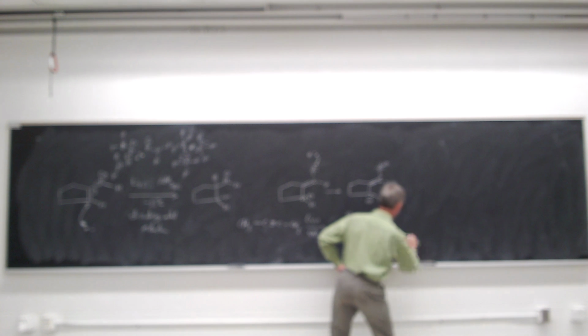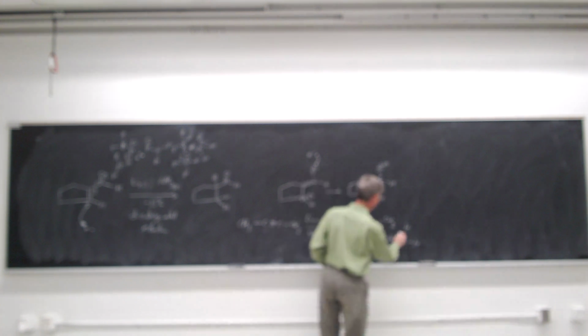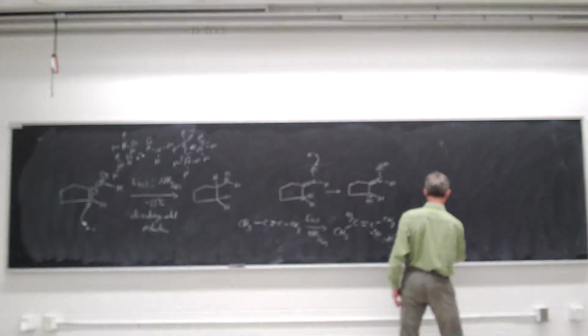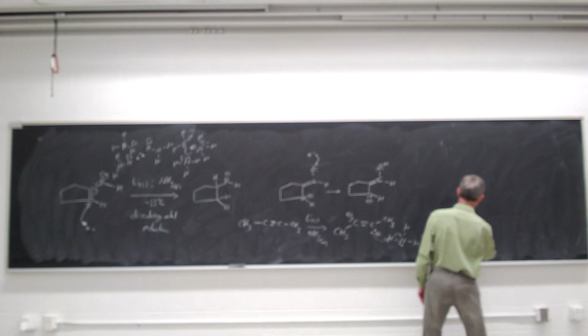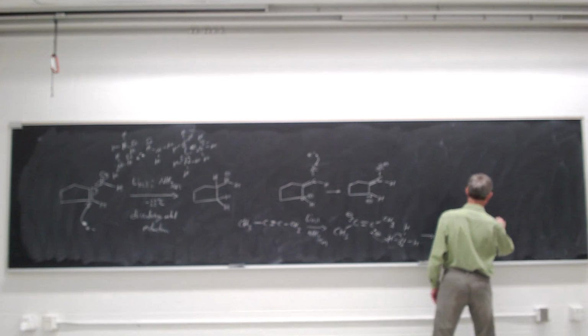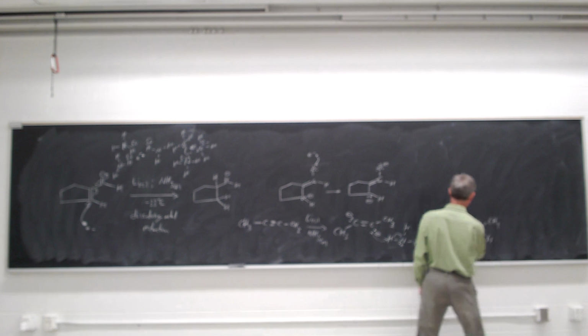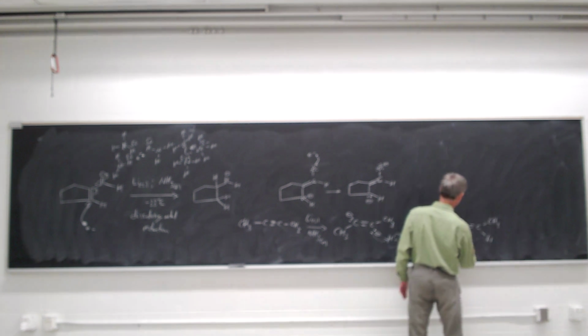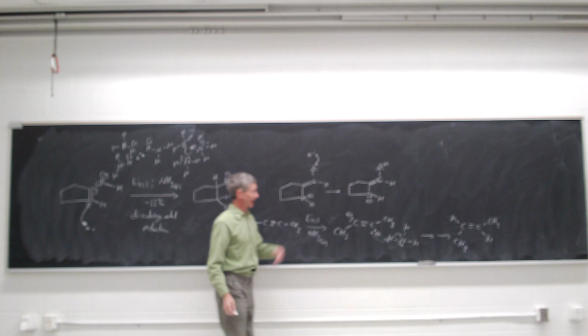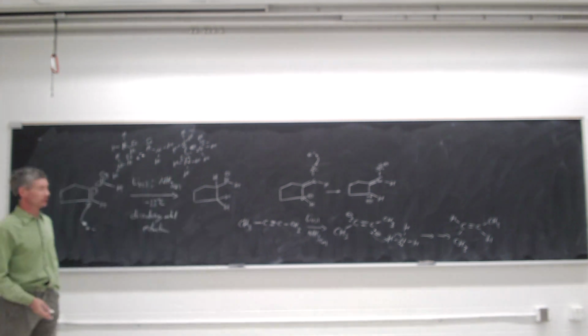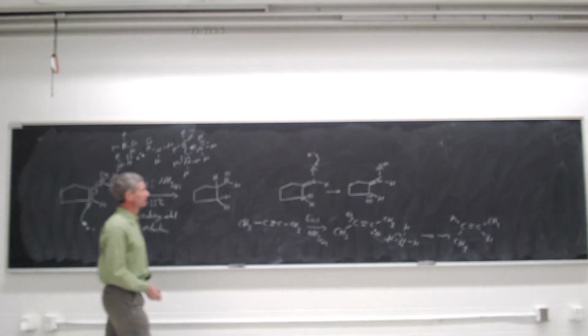And remember that in this reaction, because this is a much stronger base than the hydroxide ion, the dianion and the resulting monoanion generate the trans alkene.